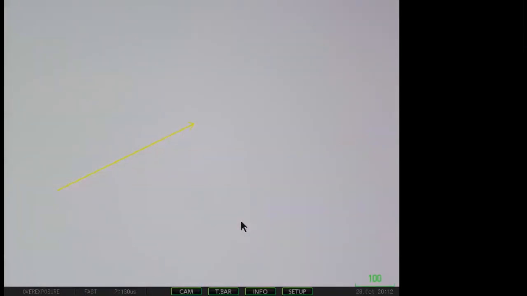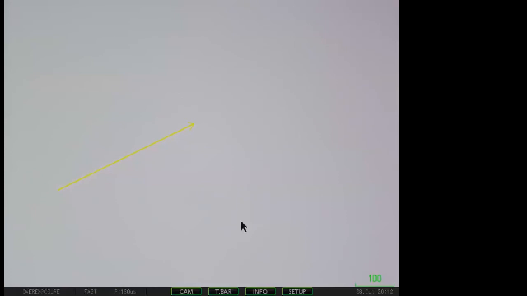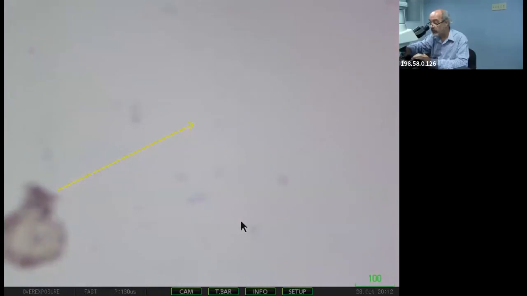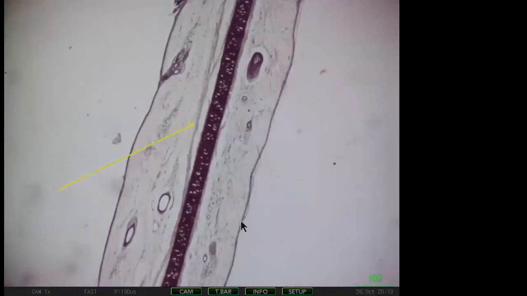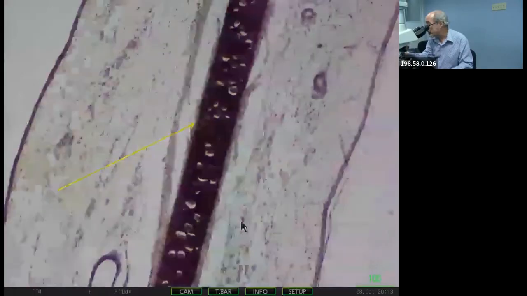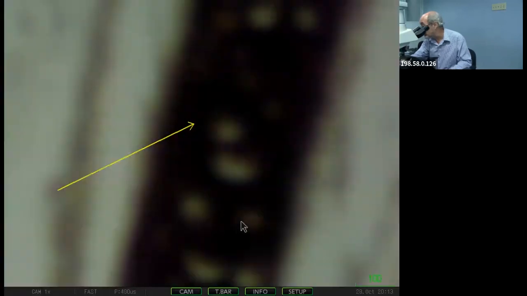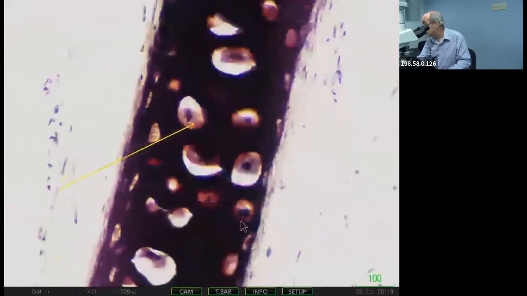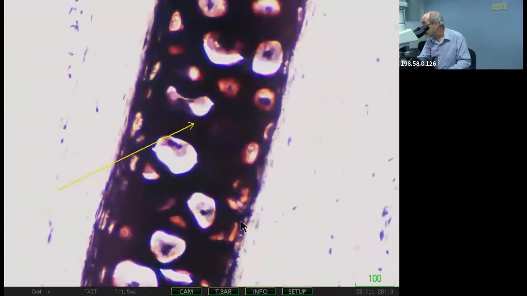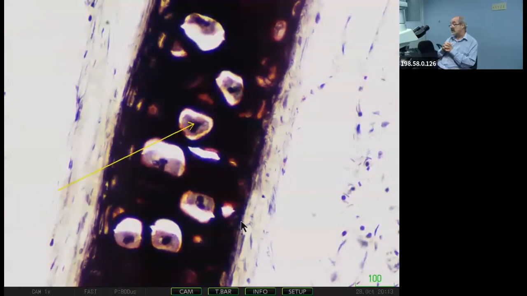What type of collagen? Type 4. Type 2. Type 4 is for your basement membrane. But it's not the type of slide that will give you. The type of slide that will give you for that one is this stuff. So for the pinna, what's the name of the cells in there?